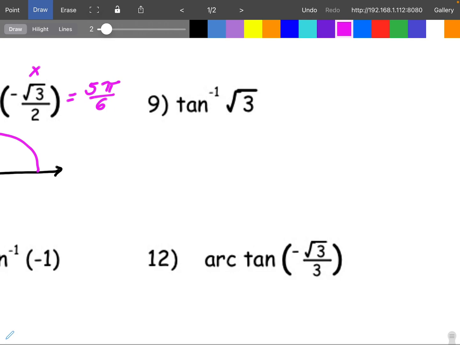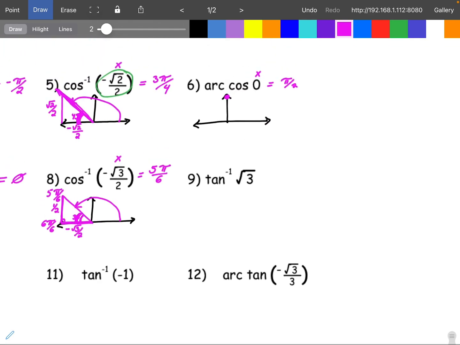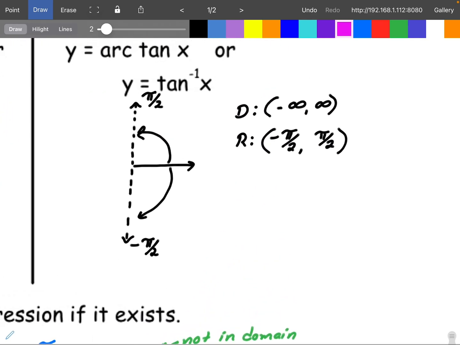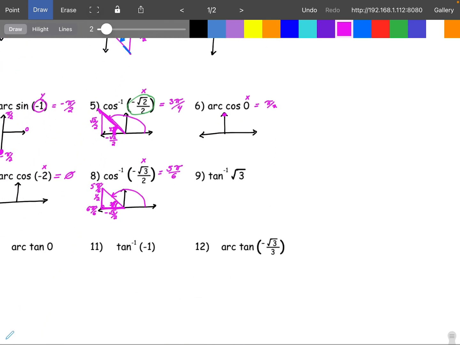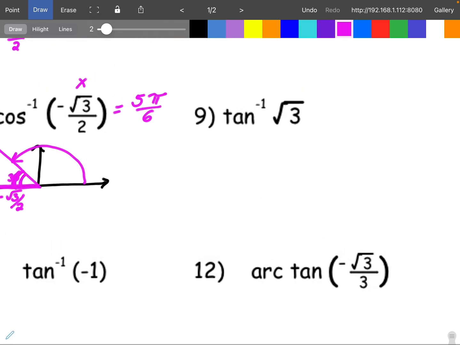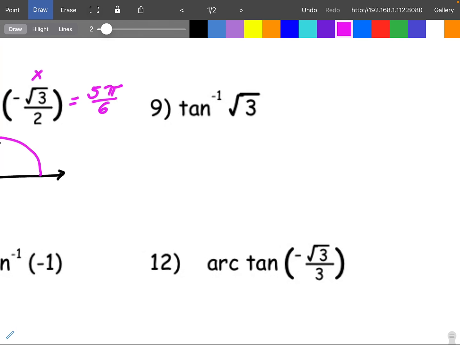Let's take a look at tangent now. So tangent will never be no solution because our domain for tangent is anything. So there is nothing off limits for inverse or arc tangent. So inverse sine and inverse cosine can possibly have no solution, but tangent will always have a solution.